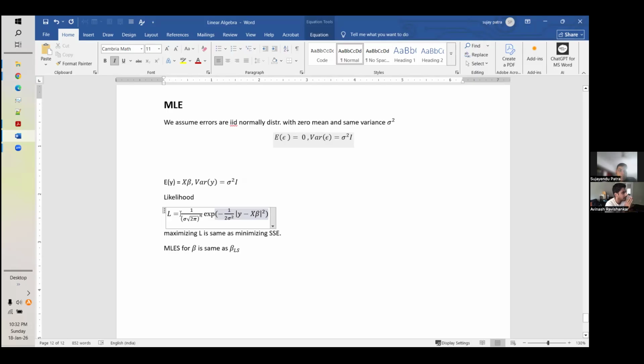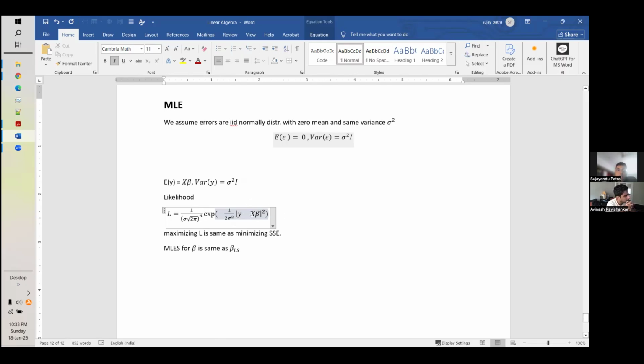Okay, let's do that step by step. You have an expression for L. We want to maximize this. And we are saying that the sigma is constant for now. So the constant term outside doesn't matter. We only have the exponential of something, a negative thing. So if I have to maximize L, I have to minimize the negative thing inside the exponential.